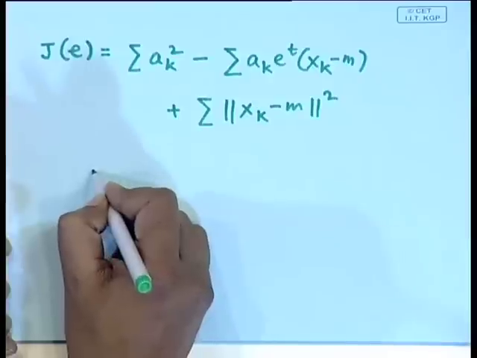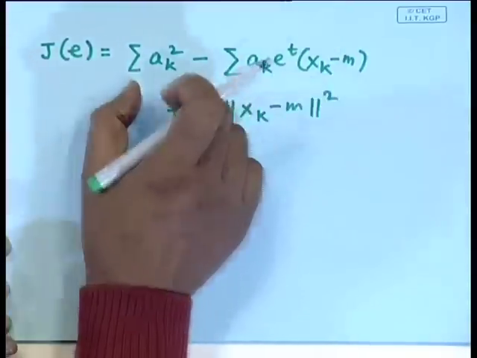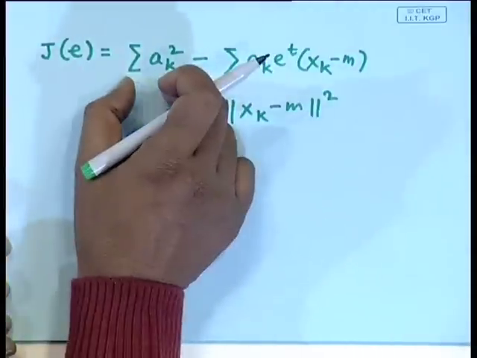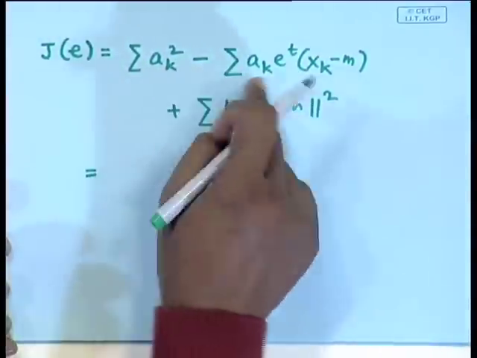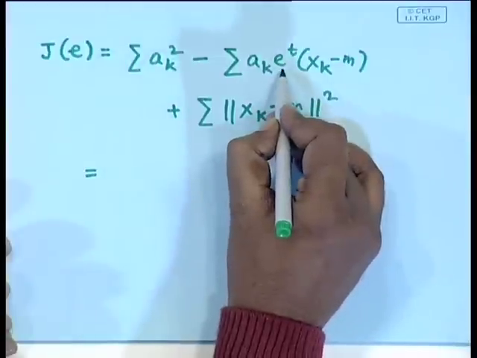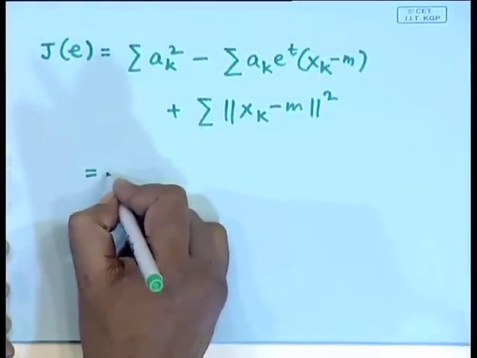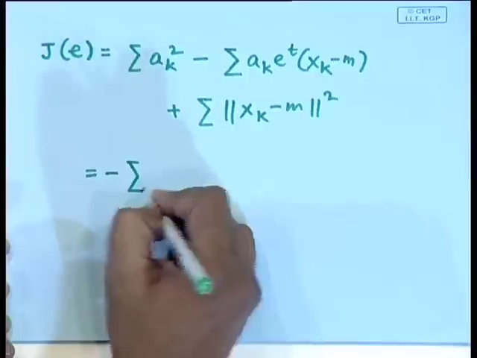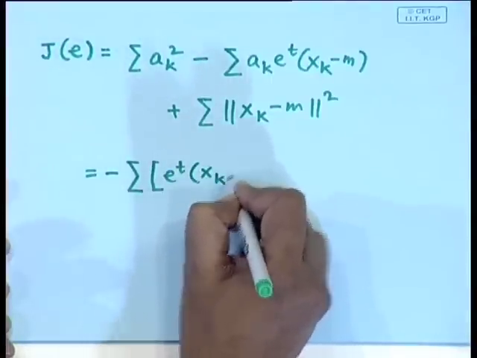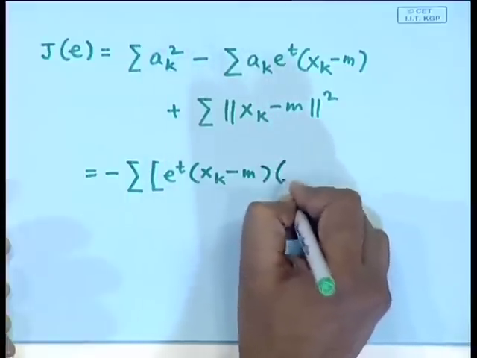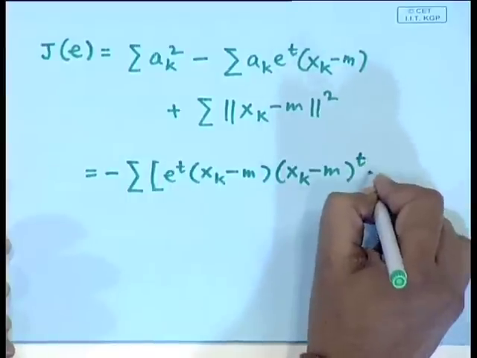So, I can simply write this as: this will be A k square, this will also be A k square, this is minus 2 A k square, so effectively I get minus summation of A k square, and A k is nothing but E transpose x k minus m. Okay. So, I can rewrite this expression as minus summation of E transpose x k minus m into x k minus m transpose into E.